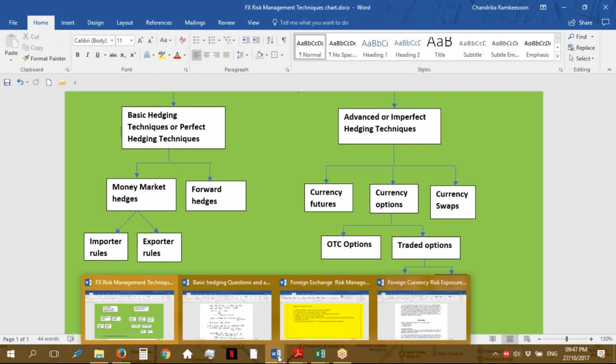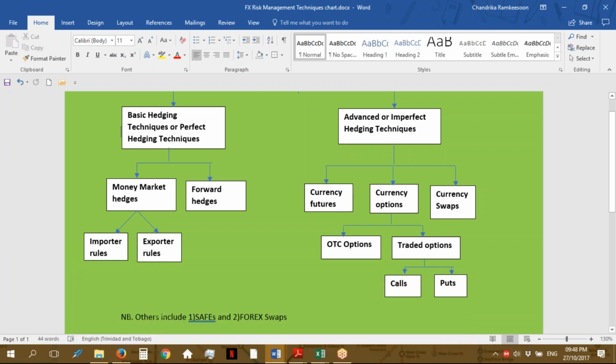Now, we would start by looking at futures hedges, but we're not going to actually get into any calculations. Let's put things in the correct perspective. I told you, earlier in today's session, that ideally a company which is hedging against transaction risk should not use an imperfect hedging technique because of the additional risk created.